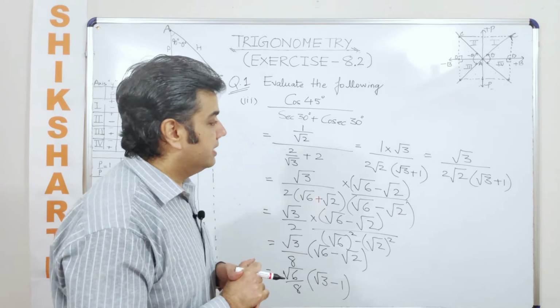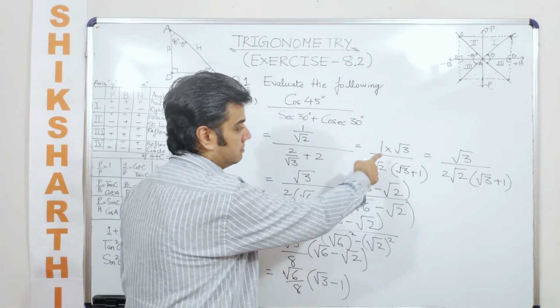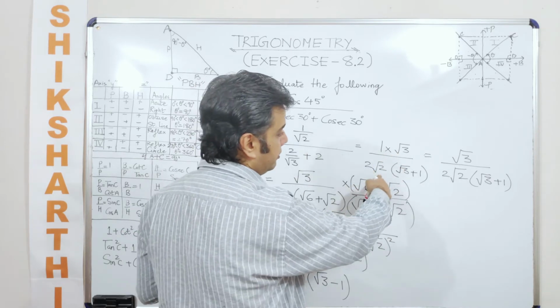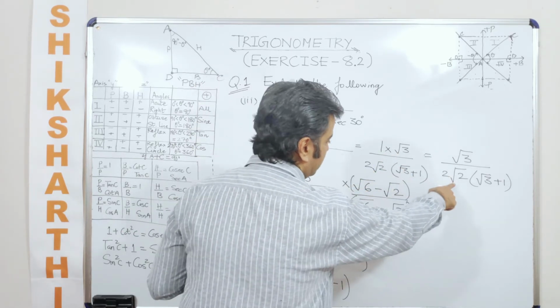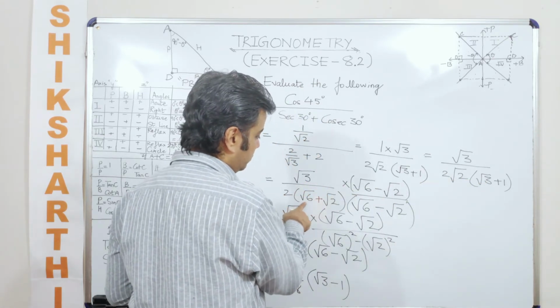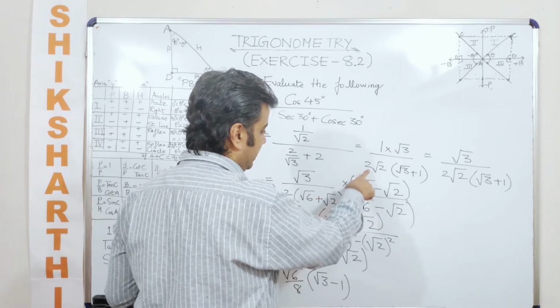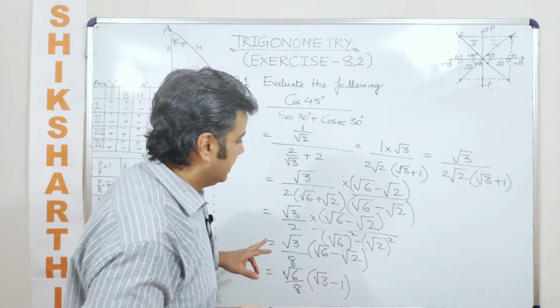Let's see whether we did it correctly or not. So root 3 divided by 2 root 2. Now this 2 root 2, either I could have written it as it is. I multiplied it here. So now this becomes what? Root 3 divided by 2, root 6 plus root 2. We multiply it by its conjugate. When we do this, ultimately what are we getting?